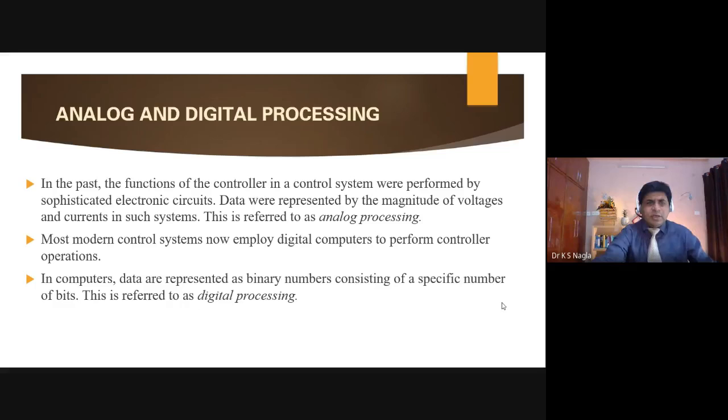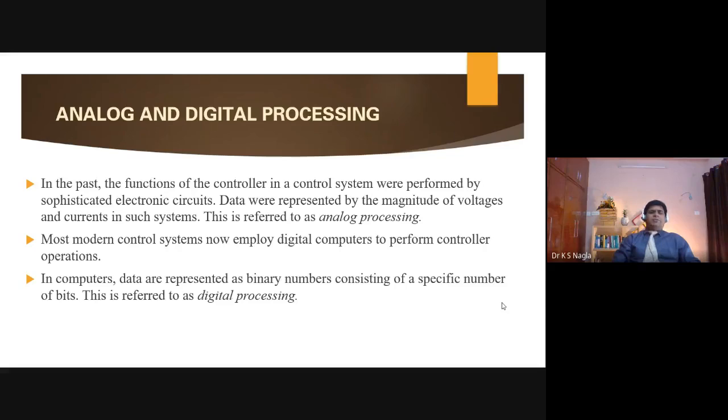Similarly, another evaluation criterion is the use of analog and digital processing. Right now, due to the advances in software technology and in algorithms, one can use analog and digital processing of the signals.